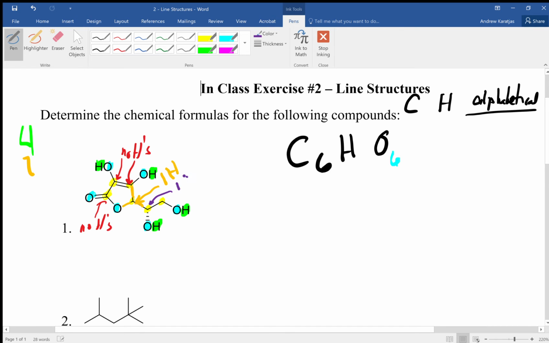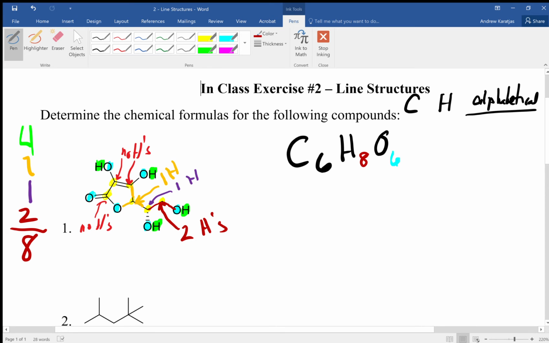So there has to be 1 more for a hydrogen. And finally, this carbon, we can see has 1 bond here to carbon, 1 bond to oxygen. That's 2 bonds total. So to get to 4, we have to have 2 hydrogens. We can add that up, and we get 8 total hydrogens.